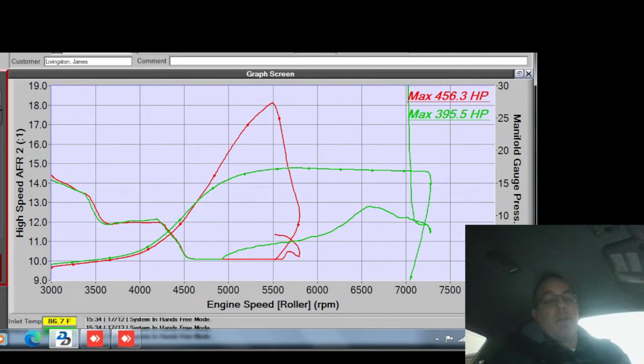Let's check that tip-in. Let's see how that goes. Oh, that's a lot better. That was way better. It still hit 18 on that one right there. That one hit 20. So that's not good. Each time I pumped it, it got worse. Alright, so we'll check the duration.